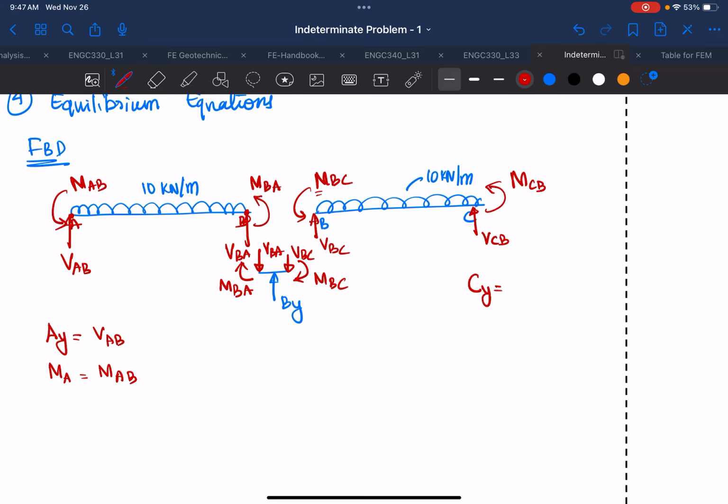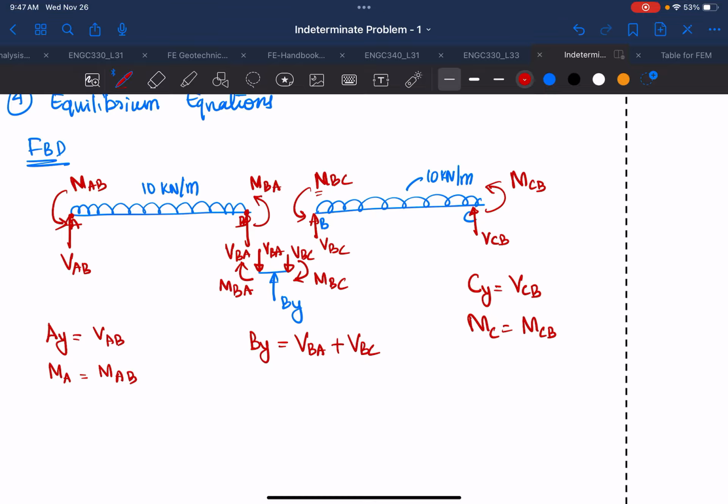CY is equal to VCB, and your MC will be equal to MCB. And then here you can see that your BY will be equal to VBA plus VBC. Remember equilibrium. So VBA and VBC are acting downward, so they must be equal to your total reaction BY.